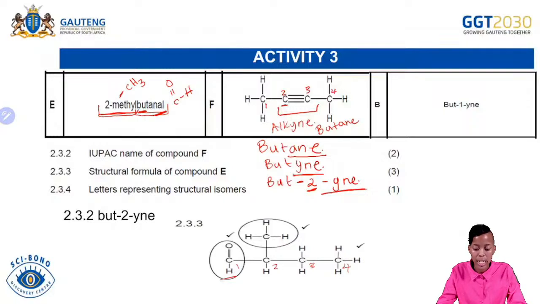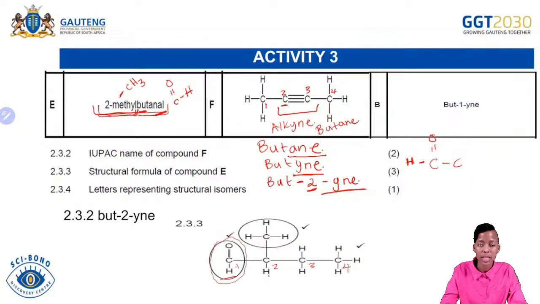Remember with aldehydes, what is going to take priority in terms of numbering? It will be the functional group, which is the C double bond O and the H. You're also allowed to draw it in this way, C double bond O, with the H there on the side. So that is also correct. Again, we said a total of 4 carbons. So counting from the functional group, on position number 2 we have a methyl group.